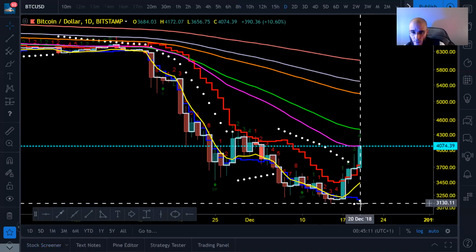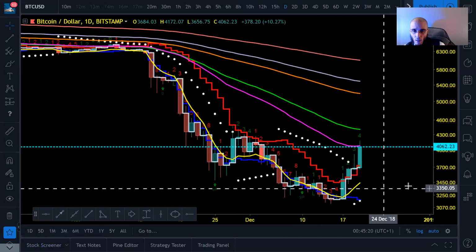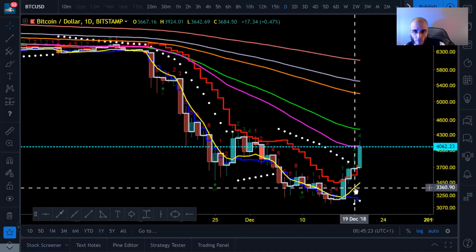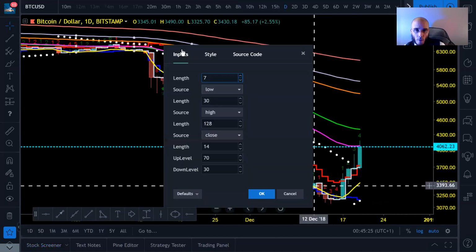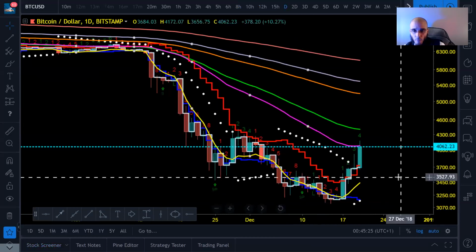Stop and reverse did get hit, that's positive. And the price is higher than the 7 EMA, which is positive. I think it's the EMA. Let's see if it's the EMA. 7 EMA, yeah.